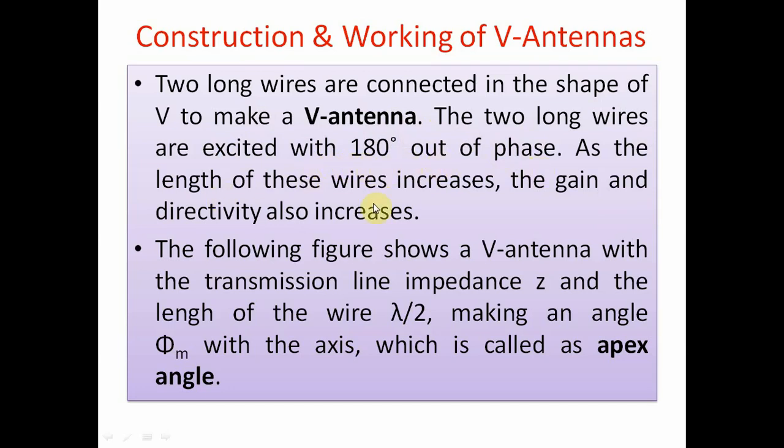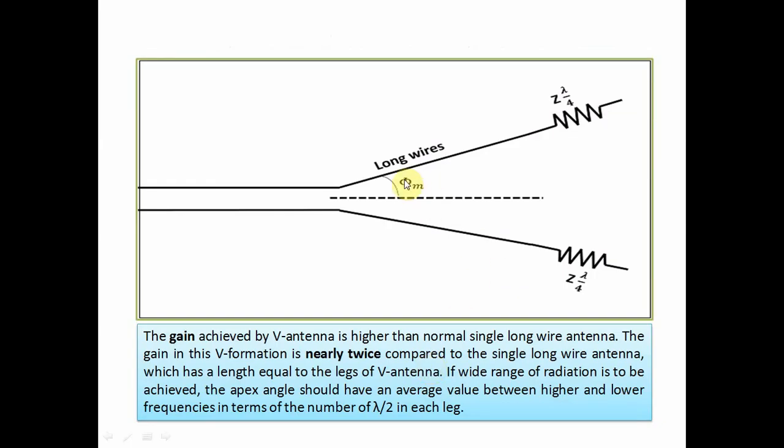As the length of the wire increases, the gain and directivity also increase. The following figure shows the V antenna with transmission line impedance Z and wire length lambda by 2, making an angle phi m with the axis, which is called the apex angle. These are the two long wires having impedance Z and length lambda by 4, and this is the apex angle.